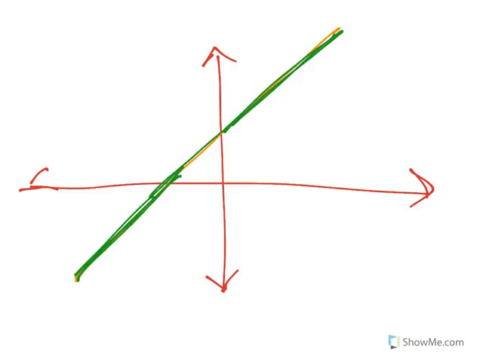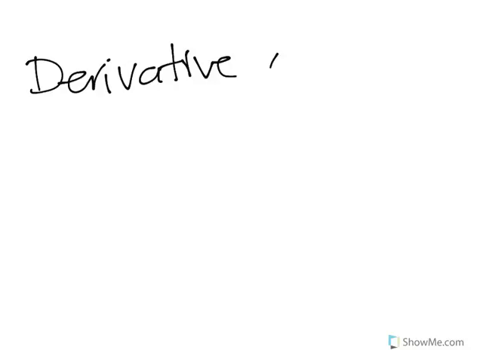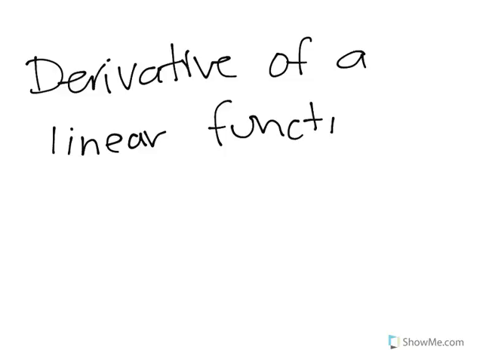It's the line itself, because the slope at any point is just the same everywhere. And so that is something to keep in mind. And so the derivative of a linear function is just the slope.